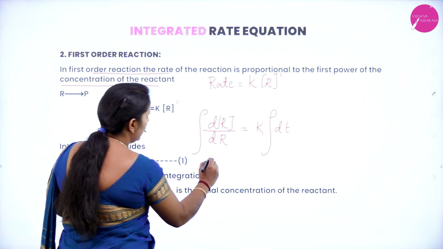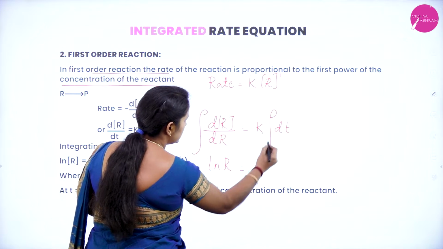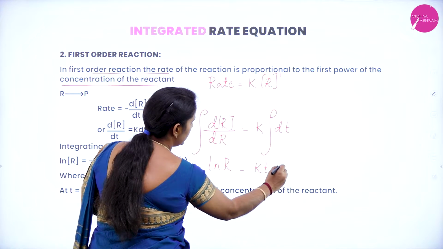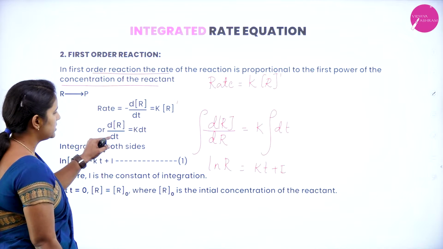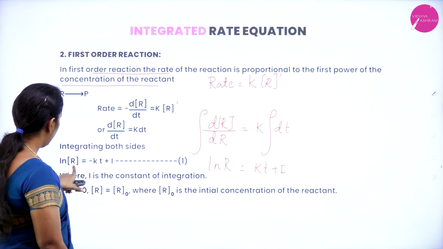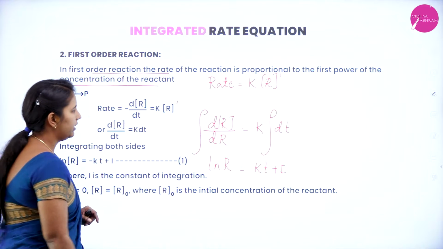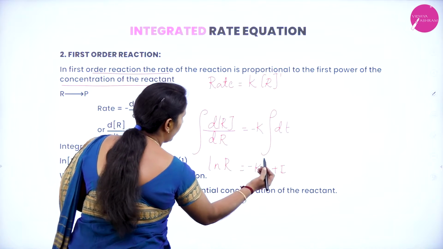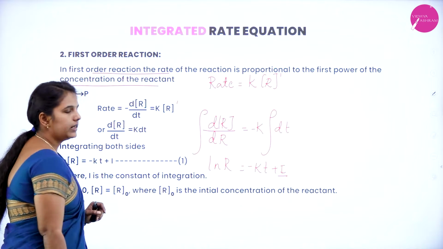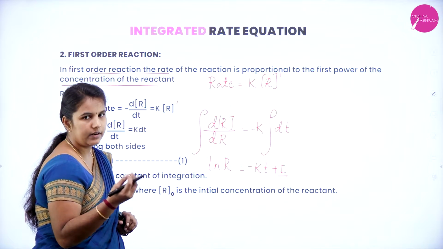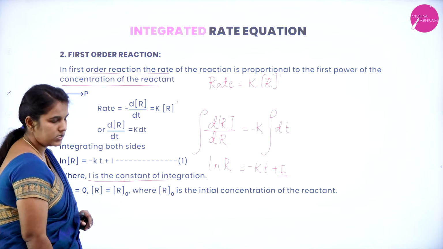It is nothing but ln R, and K is as such, and the integration of dt is t plus I. Here we are just doing the integration for this equation, and you will get ln R equal to minus kt plus I, where I represents the integration constant.